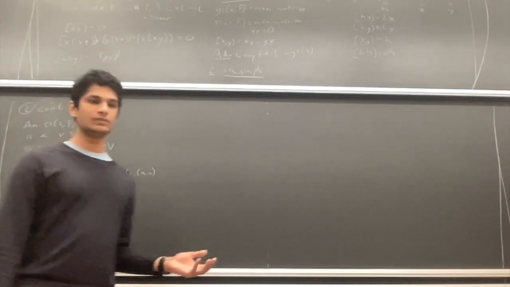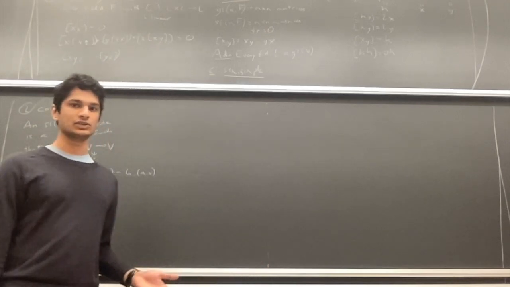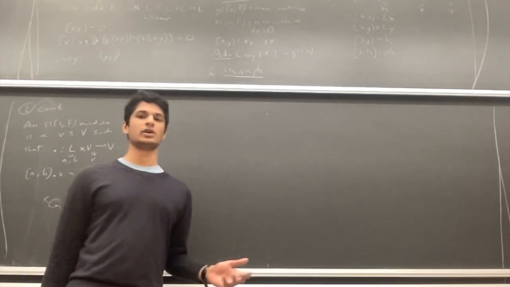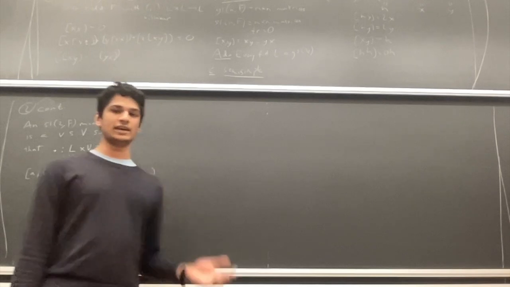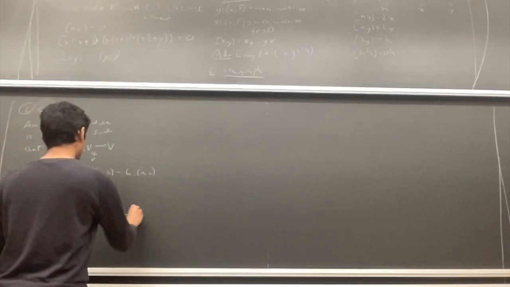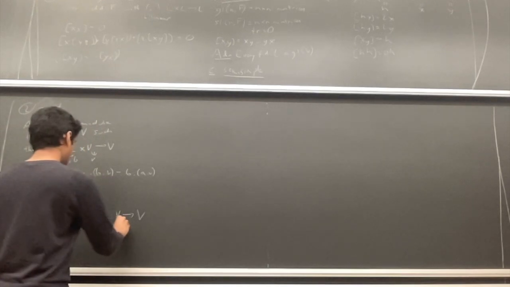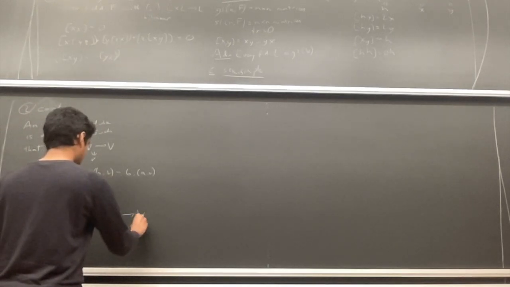And in particular, since H is a diagonal element in sl2(F), by some advanced theory, we know that H is actually a diagonalizable operation on V. So H from V to V is diagonalizable.